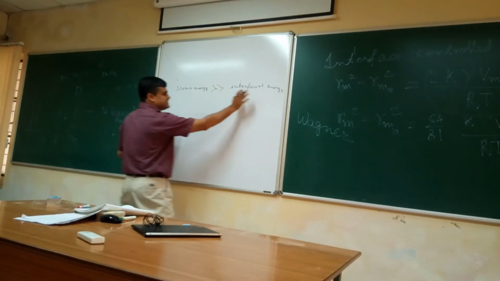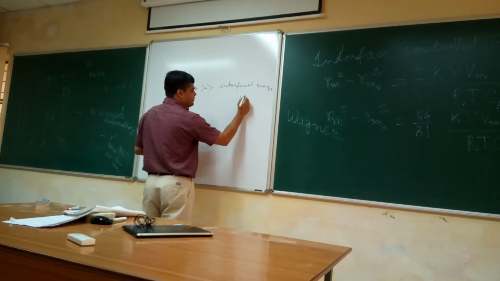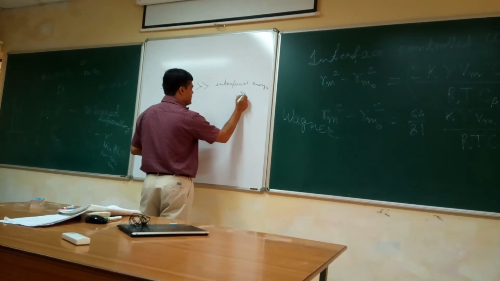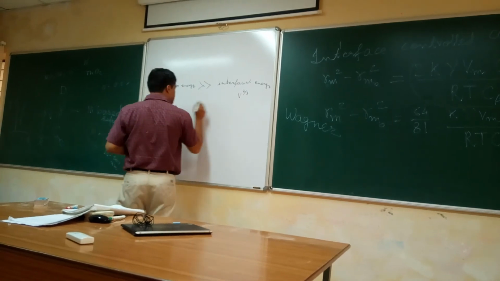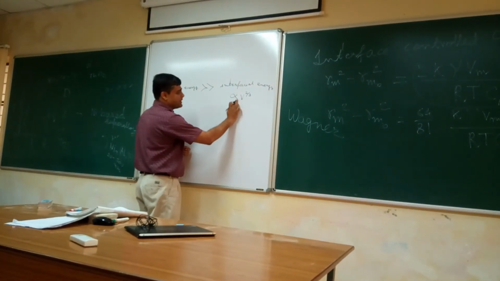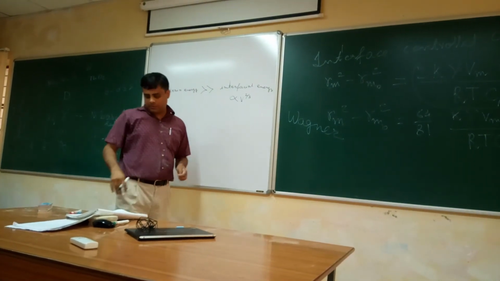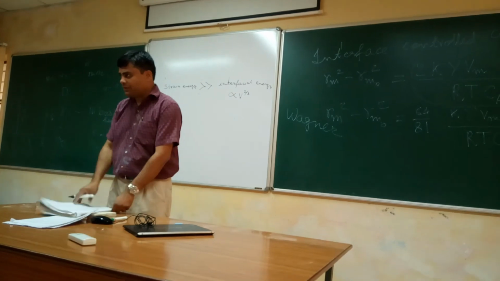Usually interfacial energy is proportional to volume to the power 2/3. If there are multiple particles, it is V1 to the power 2/3 plus V2 to the power 2/3, like that.